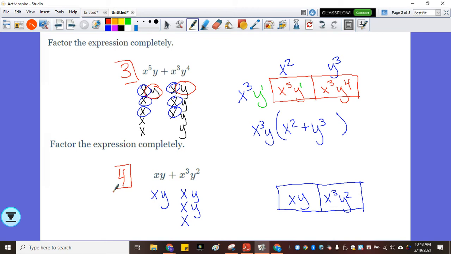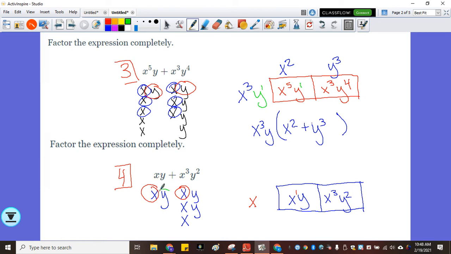Okay, how many x's do these two terms have in common? 1. Your smallest exponent is 1. So just 1 x comes out. What about y's? How many y's do they have in common? Again, 1.